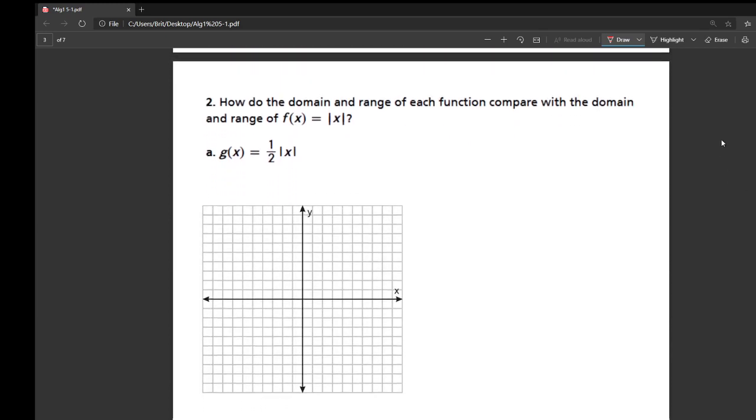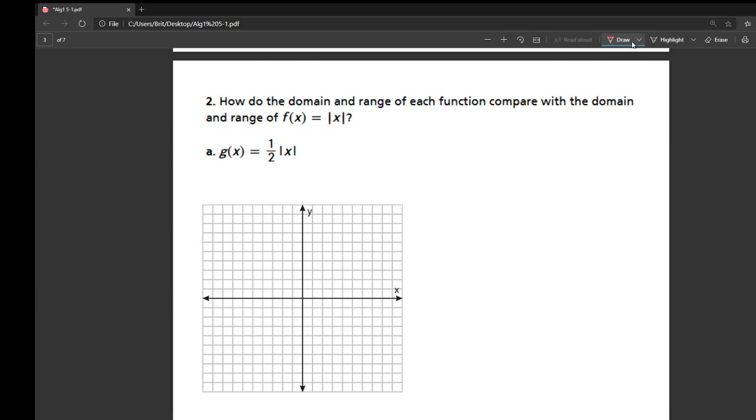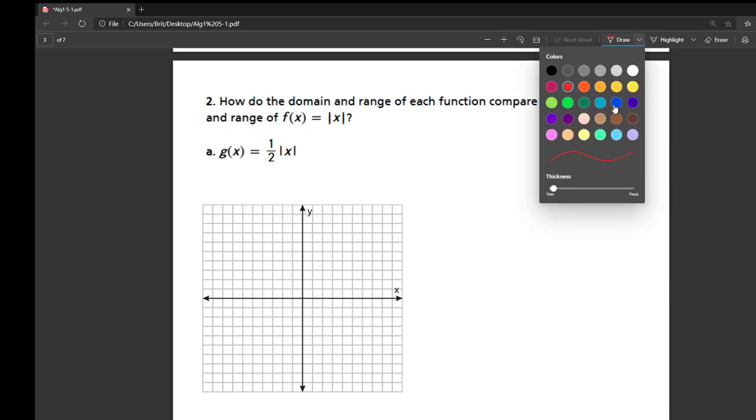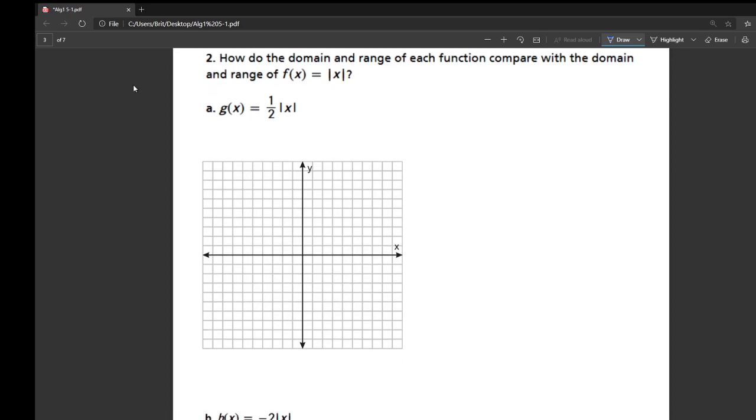So now let's check out this one. So g of x equals 1/2 the absolute value of x. So instead of the slope of the right-hand side being 1, the slope of the right-hand side is 1/2. I'm going to try very carefully to draw.